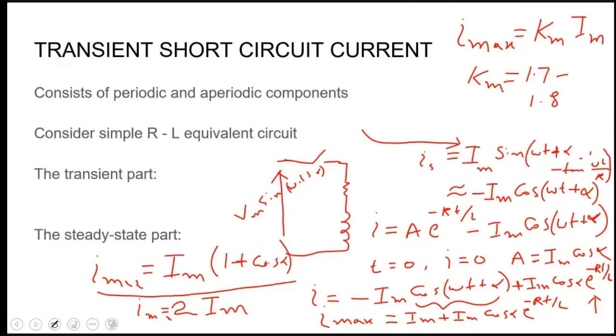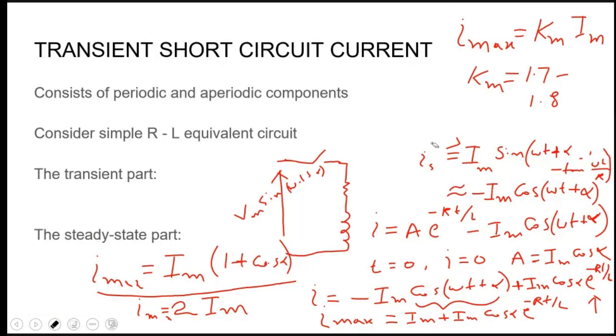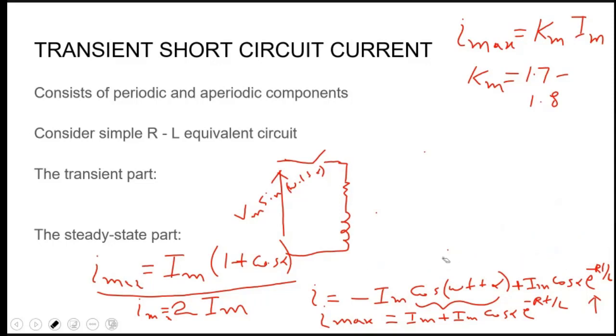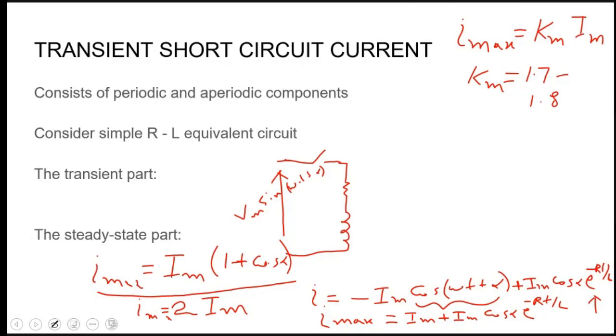Now, for estimation of Im from rated current and short circuit impedance, what is this Im? This Im is the steady state short circuit current, the sinusoidal portion.